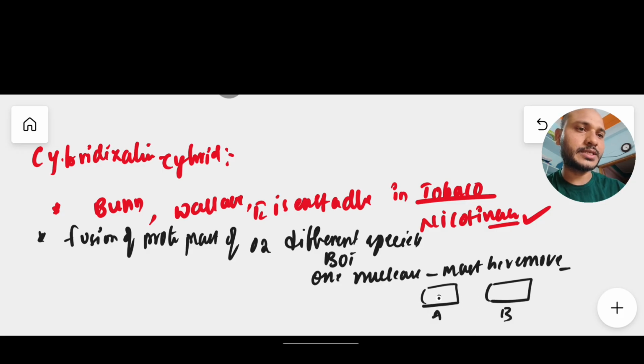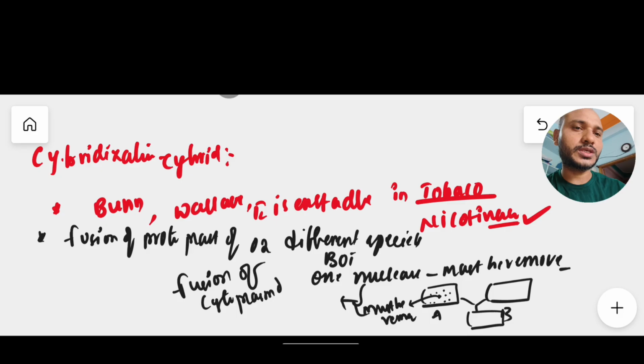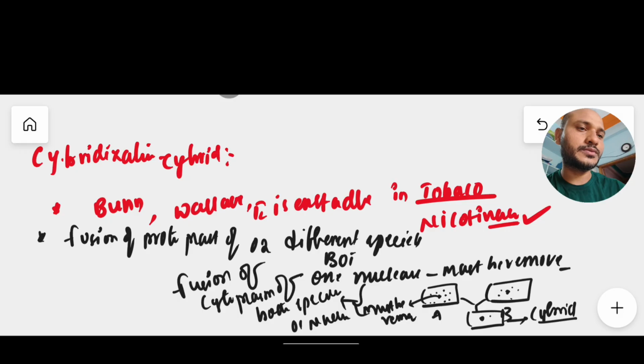For example, plant A's nucleus must be removed, and then only the cytoplasm of species A fuses with plant species B. After fusion, we get the cytoplasm of both species, but only one nucleus is present. This is called a cybrid.